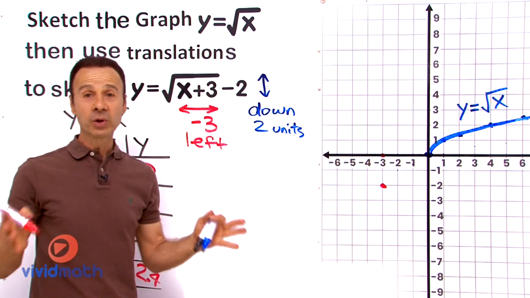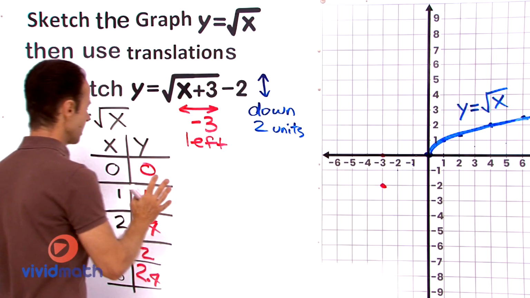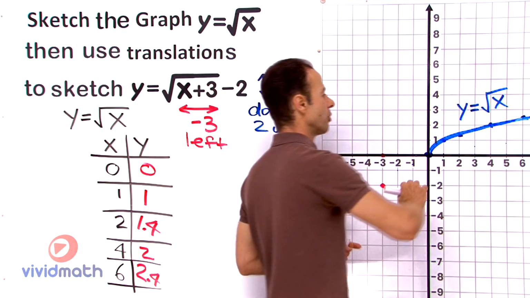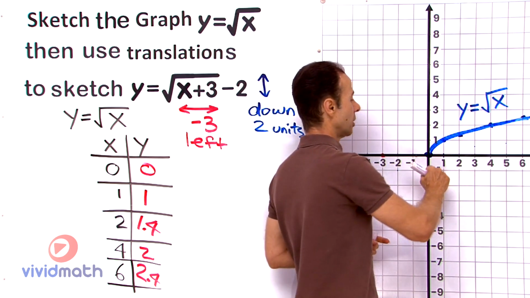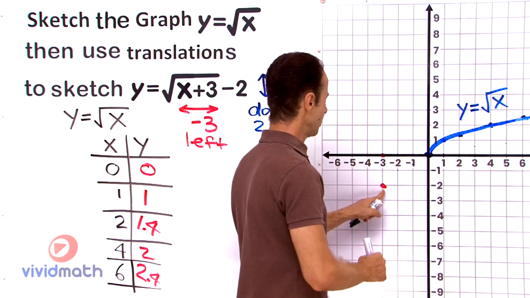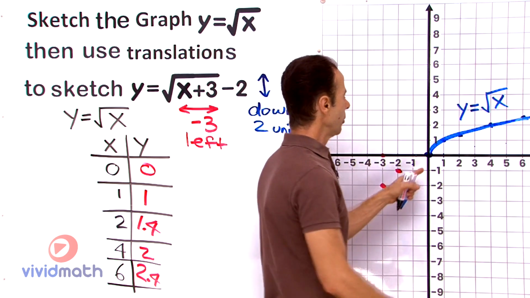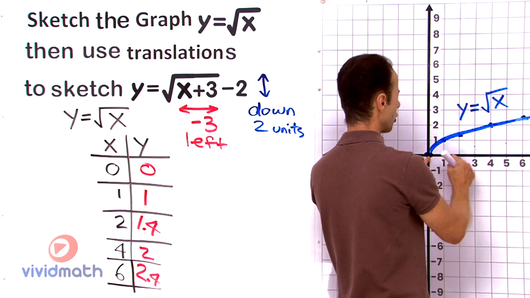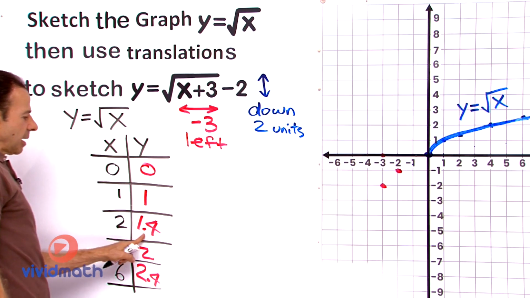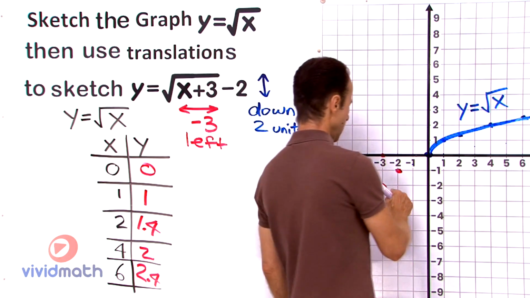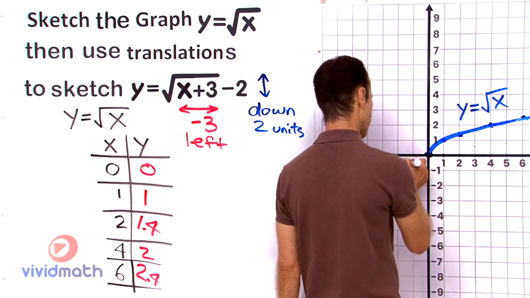Okay, now all you have to do is go up and across the same way that we went with this. So you'll notice here with the original parent function, y equals the square root of x, we went up 1, across 1. So we'll do that here too. Up 1, across 1, there's our second point. Then we went across 2, up 1.4, that will be right there.